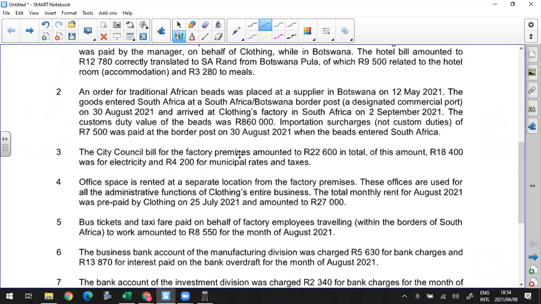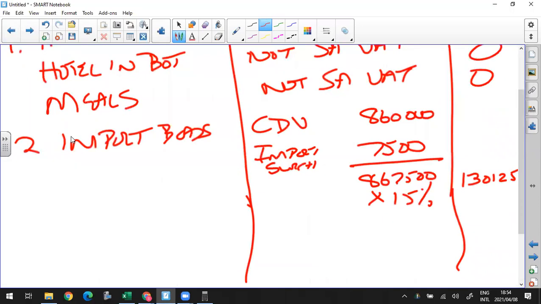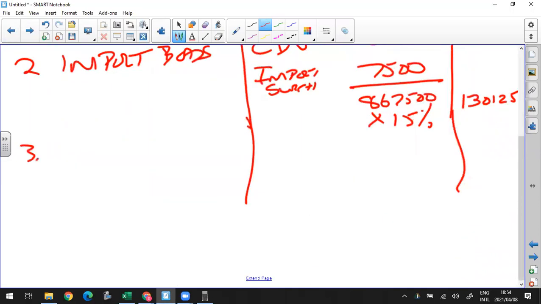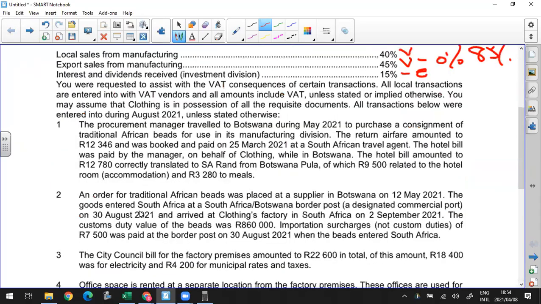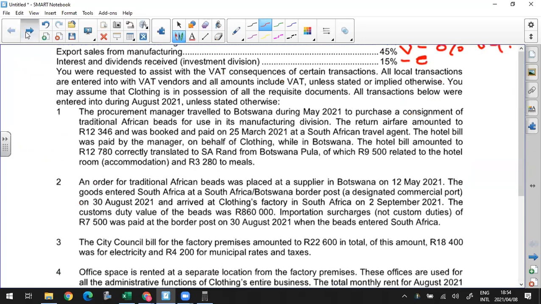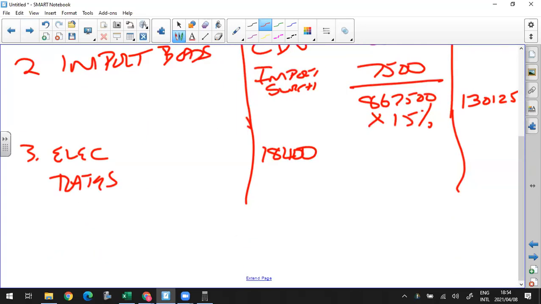It says the city council bill for factory premises amounted to 22,600 in total, 18,400 for electricity, 4,200 municipal rates. Okay. So can we claim VAT on electricity?